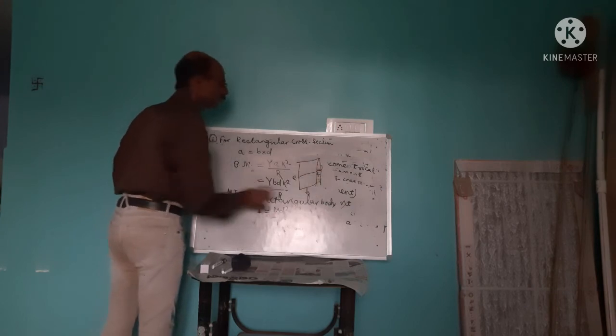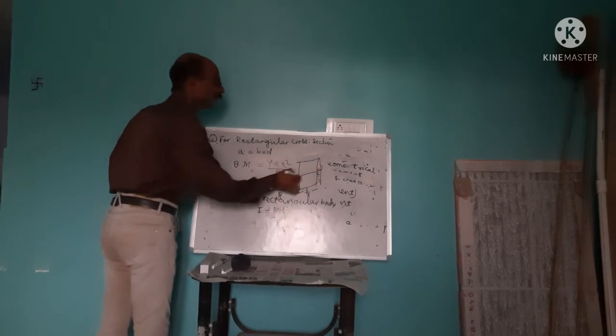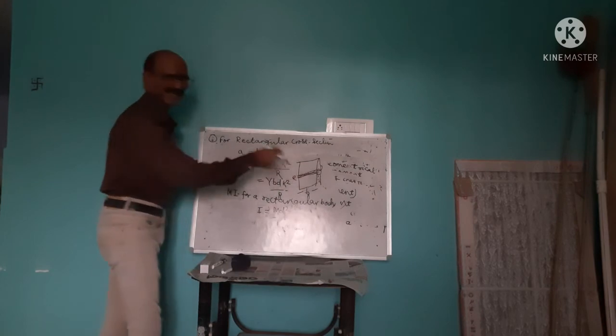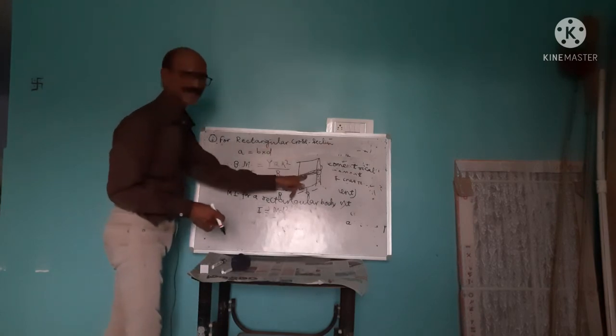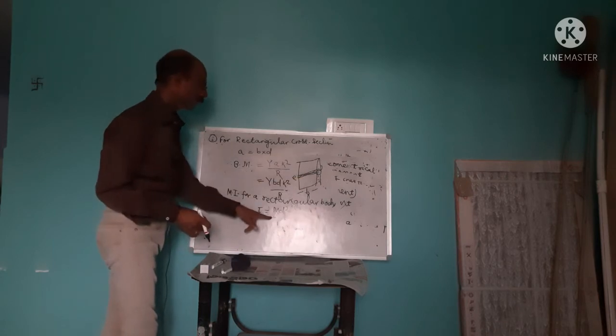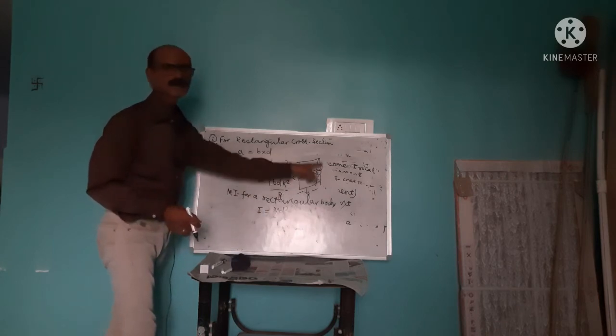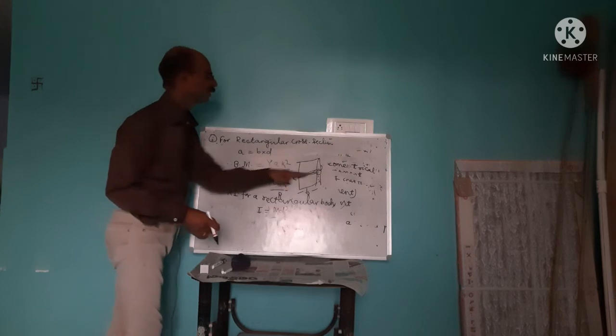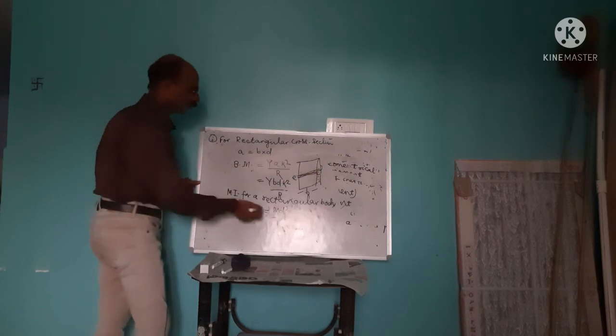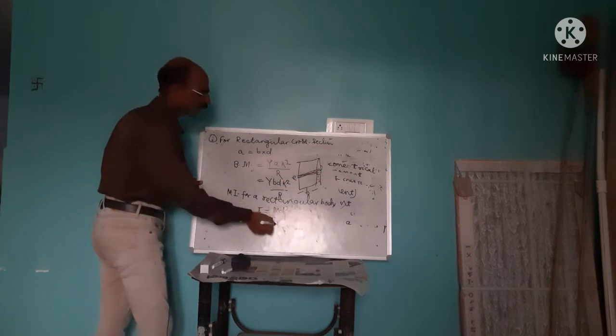About this EF forces are acting, so it acts like an axis passing through the middle. So moment of inertia is m d square by 12.